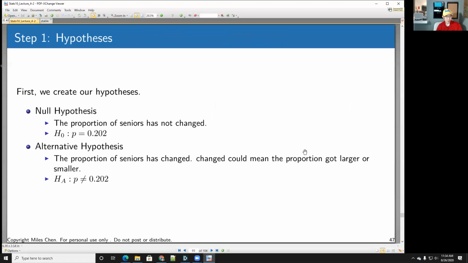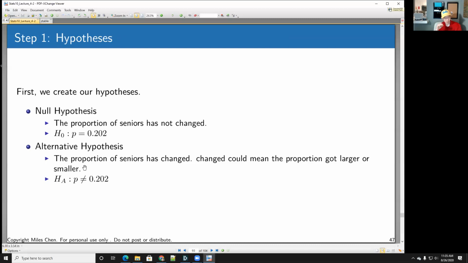When we set up our hypotheses, the null hypothesis is that the proportion has not changed, that P is still 20.2%, still 0.202. The alternative is that the proportion has changed, meaning it could have gotten higher than 20.2% or lower than 20.2%. So we're not going to use P greater than or P less than.